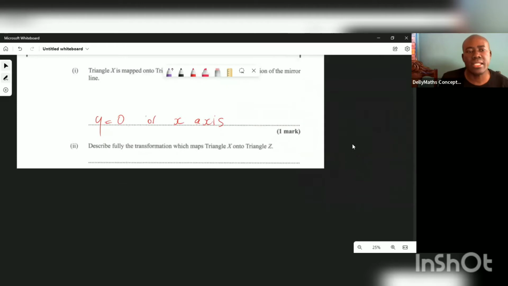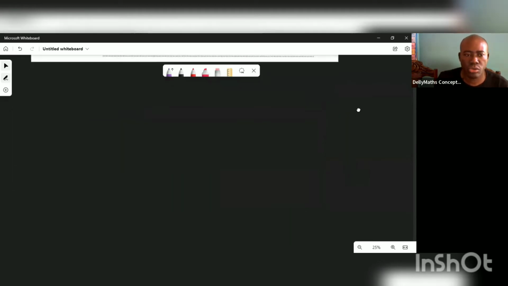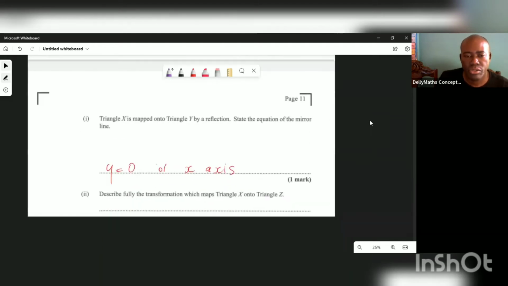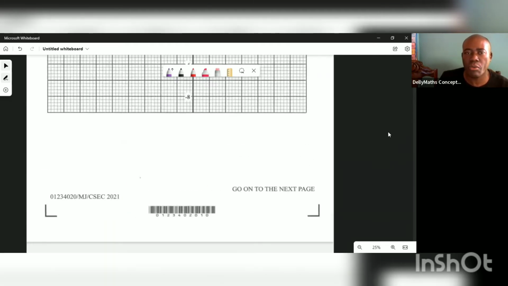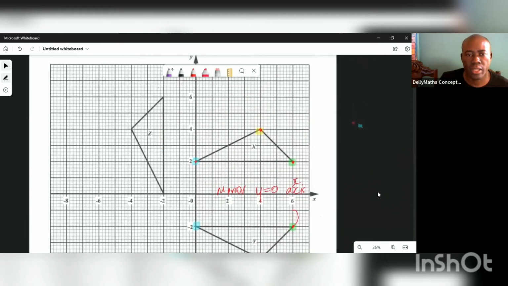There it is, just for one more. It says now describe fully the transformation which maps triangle x onto triangle z. So let us go back and look at it. X onto z, this one.